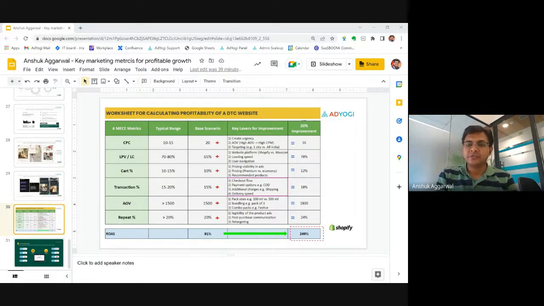Rather than looking at Facebook ROAS and Google ROAS, we have started recommending that brands look at a metric called CRR, the cost to revenue ratio, which is the total marketing spend on the Shopify store divided by the total revenue seen on the Shopify store. As long as the CRR is within an acceptable limit, let's say 20%, 30%, whatever is right for the brand, we can continue scaling the brand on Facebook and Google.